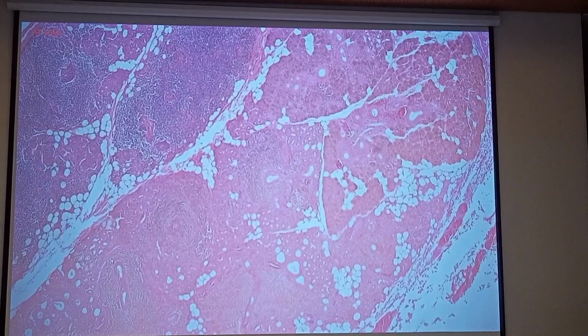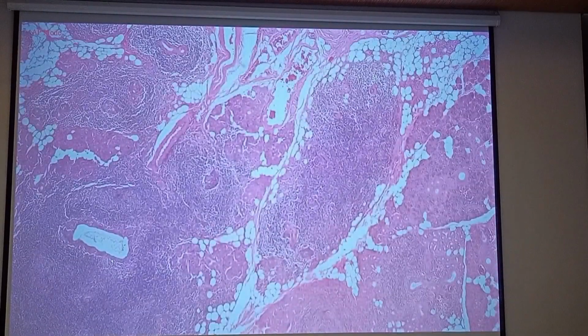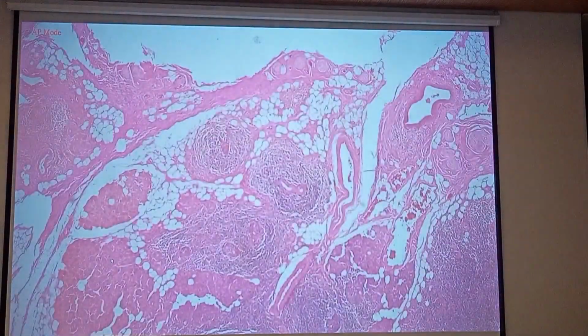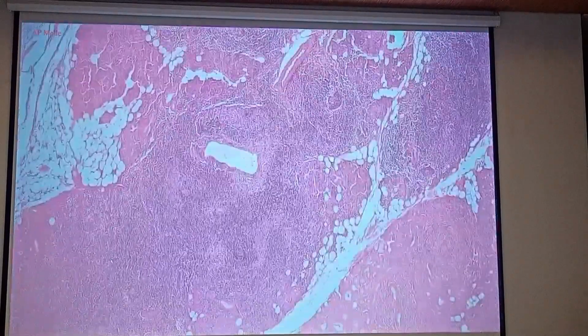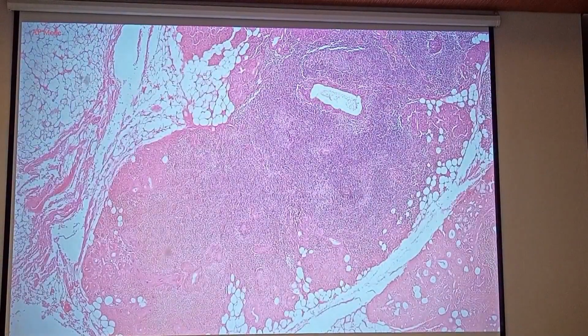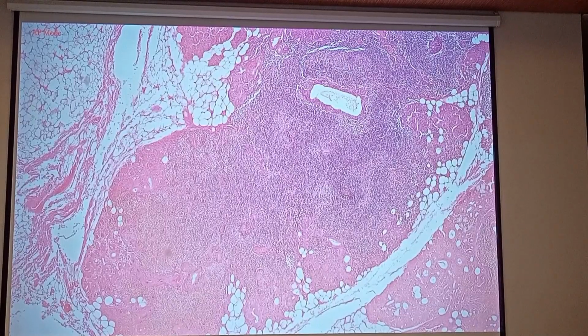Anyway, that's just part of the syndrome. So this one displays the prominent lymphoid infiltrate within the lobules of your parotid salivary gland. This is almost completely replaced by the lymphoid infiltrate. So that's extensive tissue destruction right there.